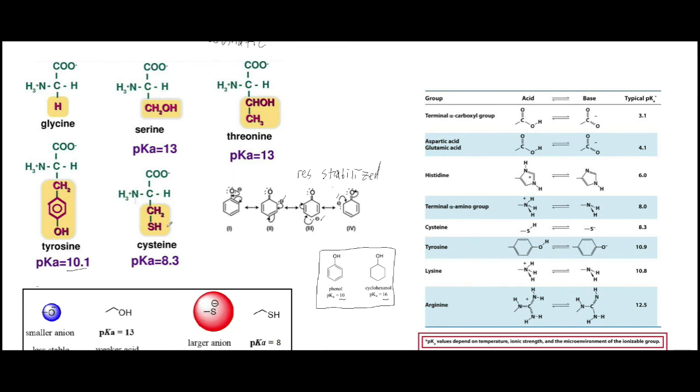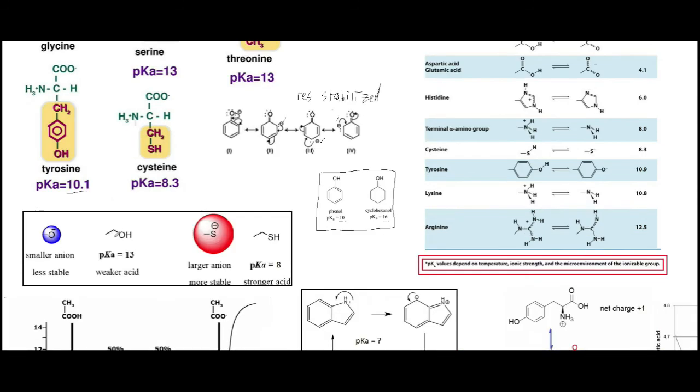And then if we look at cysteine, we see that this is quite a bit more acidic than serine, even though they are geometrically the same. The only difference is this has sulfur and this has oxygen. And this has to do with the size of the atoms. Oxygen, if you remember on the periodic table, is in the same column as sulfur but one above it, so it has one less electron shell than sulfur.